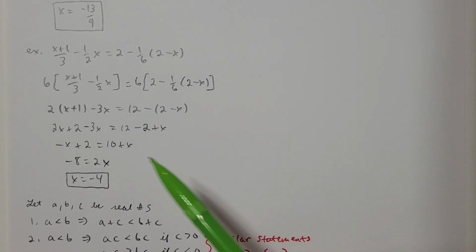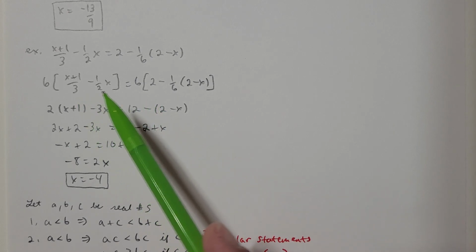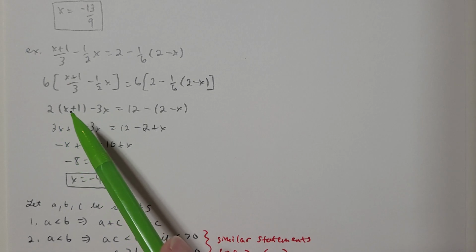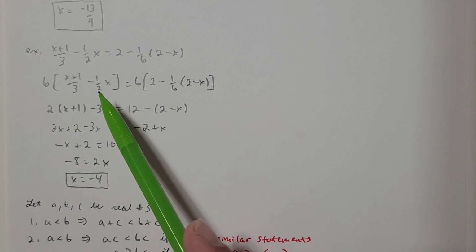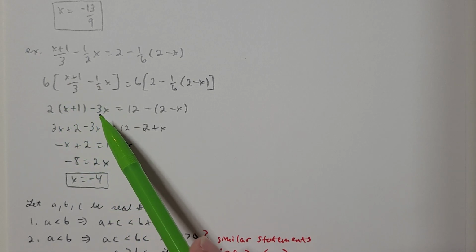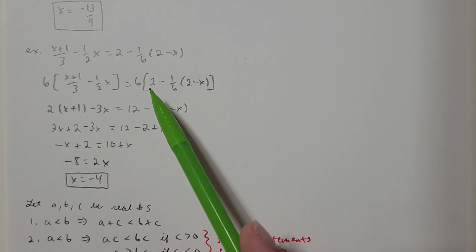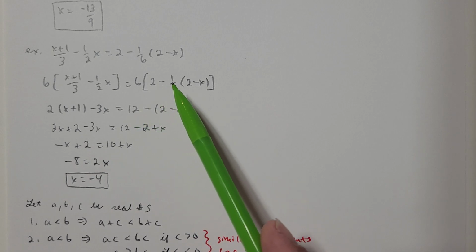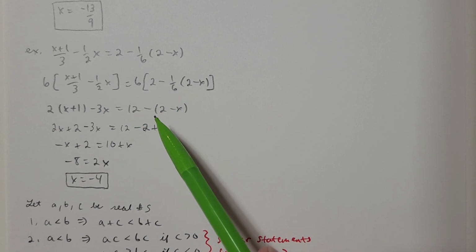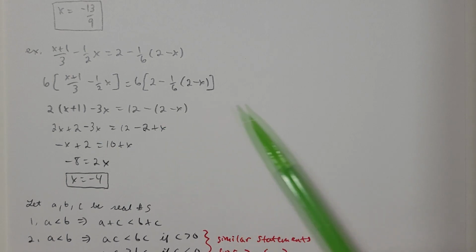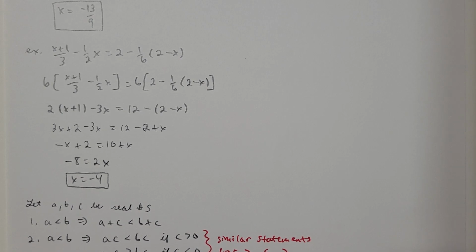And if we multiply both sides by 6 and then distribute, 6 divided by 3 is 2, so I got 2 times (x plus 1) minus half of 6 is 3, so it'll be minus 3x equals 6 times 2 is 12, minus 6 times 1/6 is 1 times (2 minus x). Okay, and that puts me back on a more familiar ground here because I no longer have fractions involved in this.